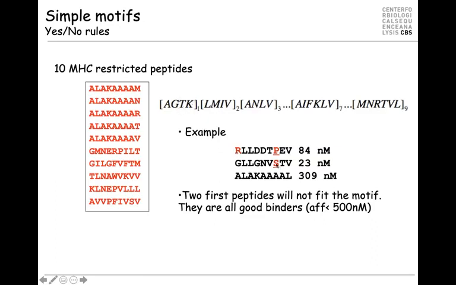Likewise here, this S is not allowed at P7, so it won't bind. So these two peptides will be deemed non-binding. Only the third peptide will bind according to those rules, but that's the weakest binder of the three. So again, these rules are clearly too stringent if you make such a regular expression based on just 10 peptides.